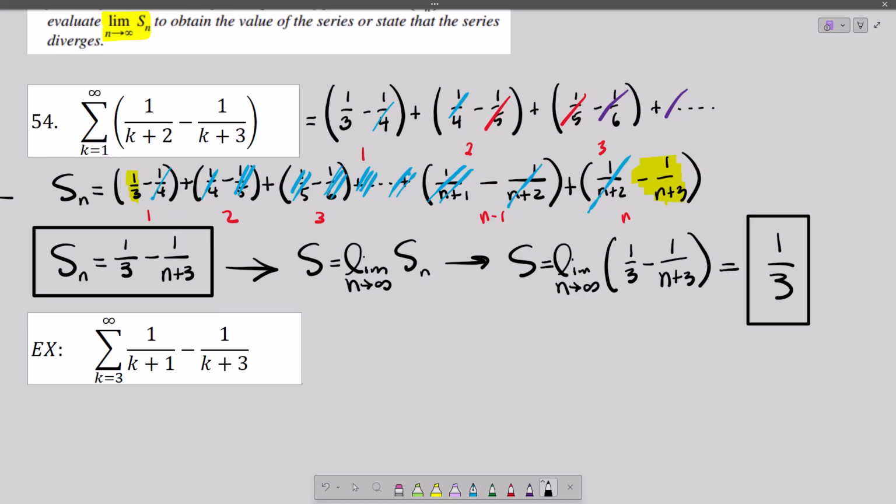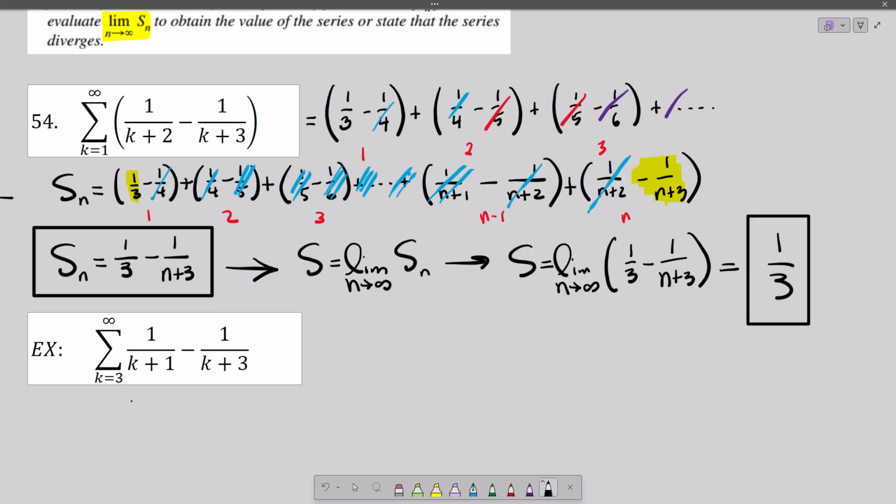And if k starts at 1, then it's nice and easy because the nth term is going to be when k is n. The trickier thing is if it doesn't start at 1, in this case it starts at 3. So a sub 3 will be the first term. And then to get to the nth term, this is 2 more than that, so we'd have to go 2 more than that. Does that make sense?